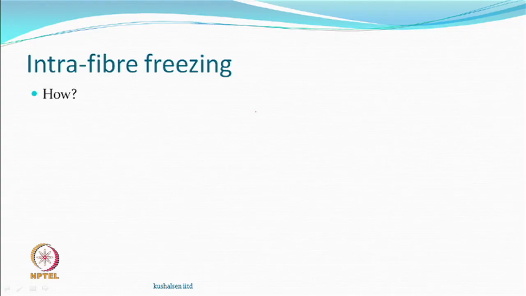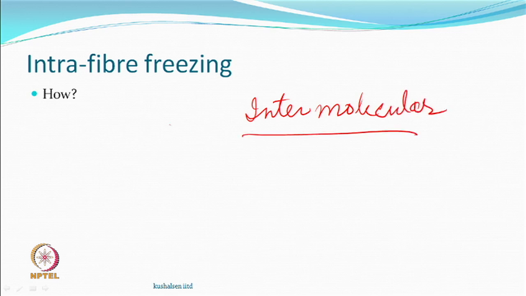The other thing could be intra-fiber. Intra-fiber means it is within the fiber and not outside it. That means it can also be said as intermolecular. Have you heard about cross-linking?